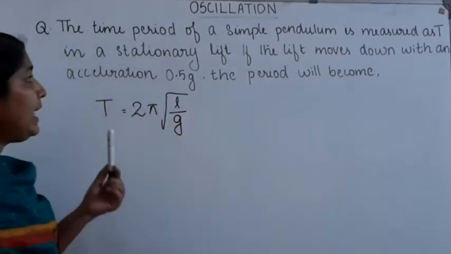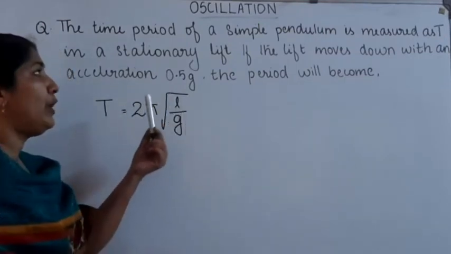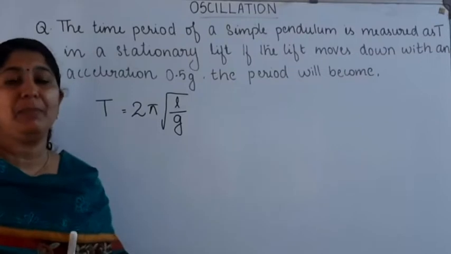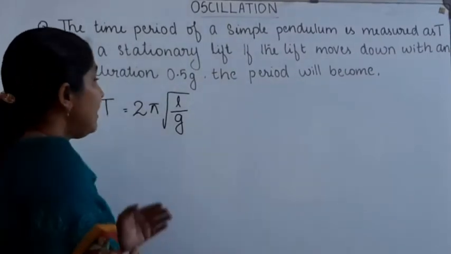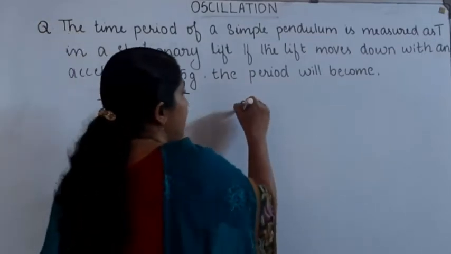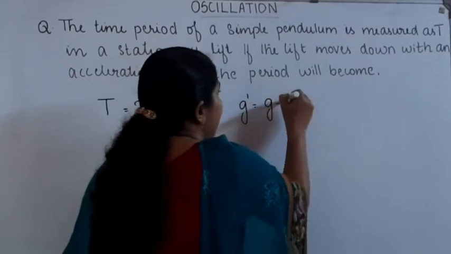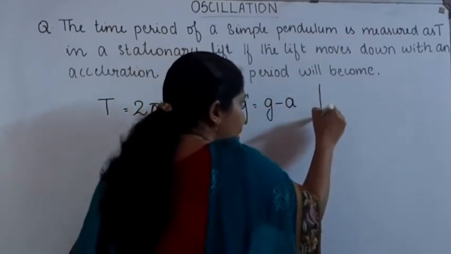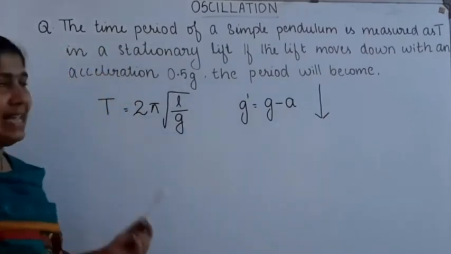If the lift moves down with an acceleration 0.5 g, what will the time period become? When the lift moves down, the acceleration changes: g dash is equal to g minus a.